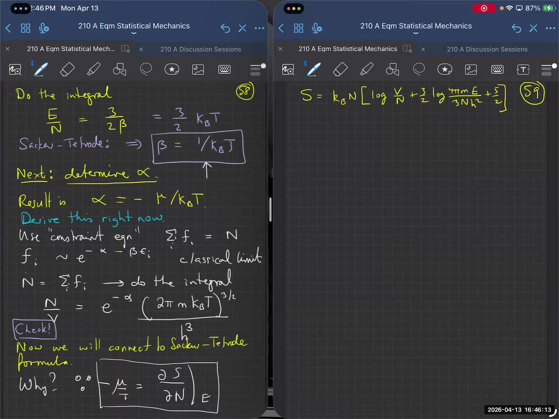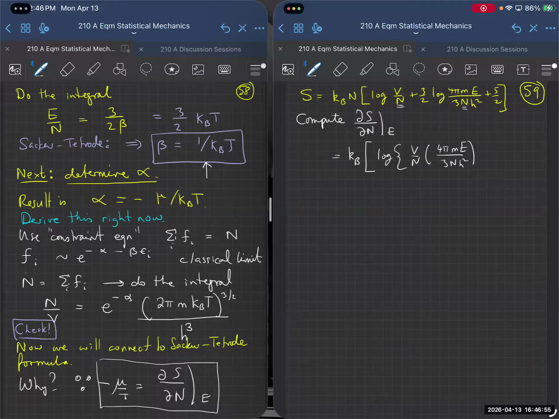So now let us compute dS by dN at fixed energy. And you can see that N occurs in two places. It occurs here and it occurs in here. So now let's do that differentiation. That is equal to k_B into the log of V over N times (4 pi m E over 3N h squared) to the power 3/2, plus 5/2.